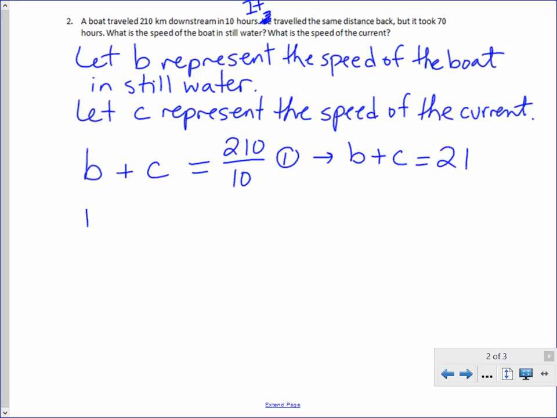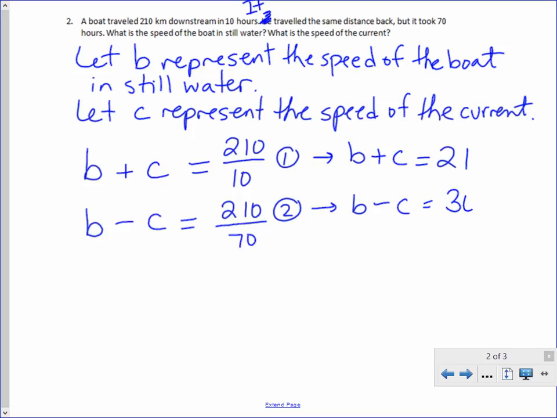So now we're coming back. We're doing the slow journey back, traveling the same distance, but it took 70 hours. So, a super slow trip back, B minus C, is going to be 210 over 70. That becomes B plus C equals 21, B minus C equals 3.